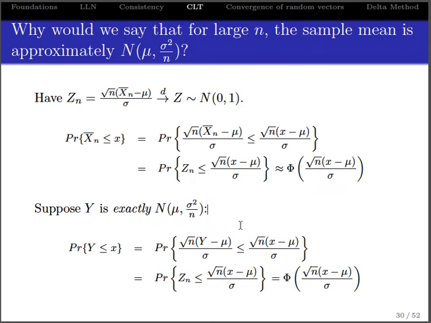And so that justifies saying that that's the sense in which x bar has an approximate normal distribution, because if you were calculating probabilities using the central limit theorem, you would do it the same way as if it was exactly normal.